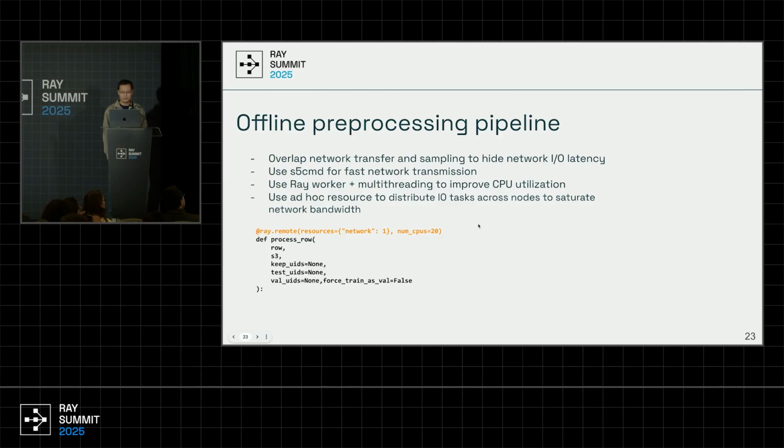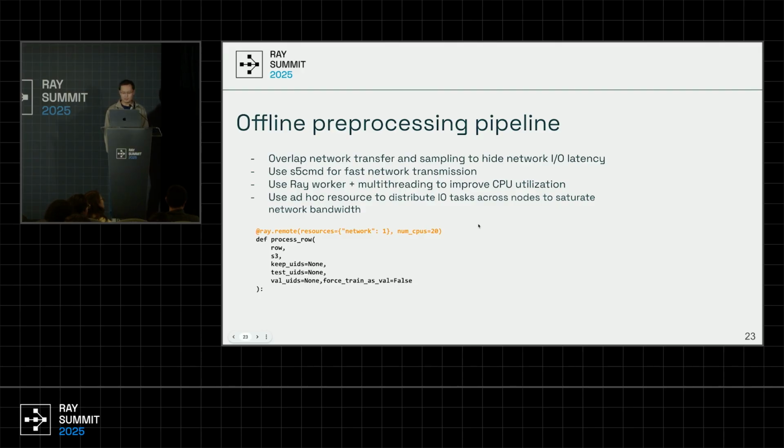We first separate the pipeline into components and try to overlap the network-heavy components with compute-heavy components so that we can achieve the max utilization on each node. For the downloading and uploading part, we use F5 CMD to maximize the network throughput. For the processing component, we use vanilla Python multi-threading to achieve the max CPU utilization.